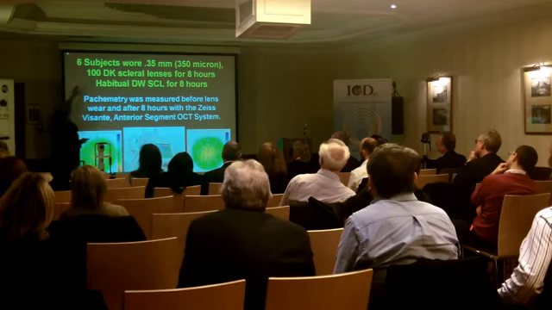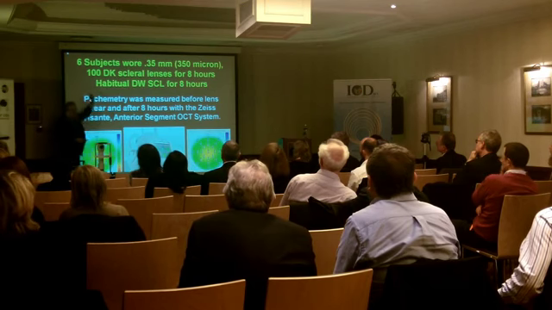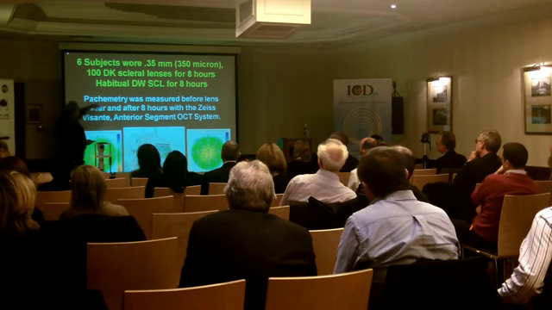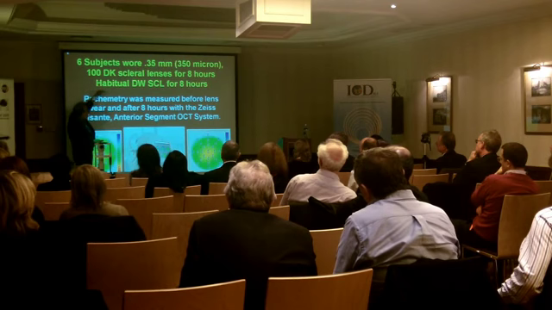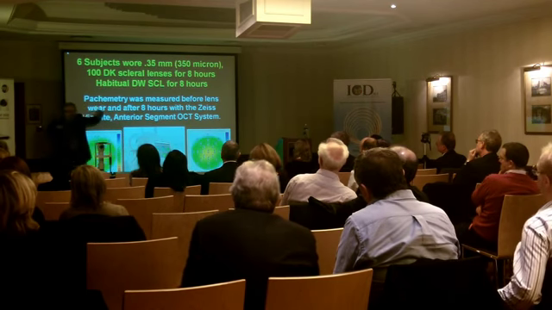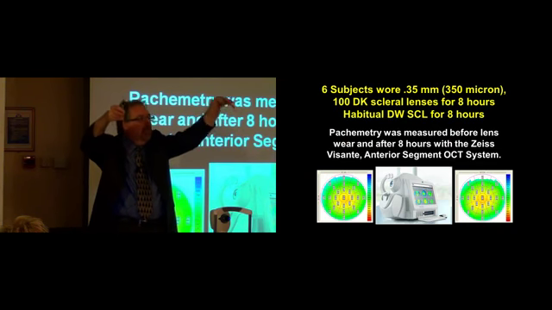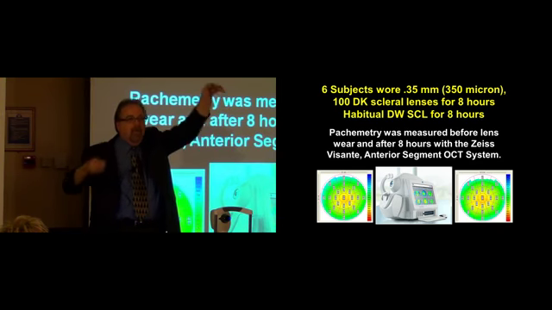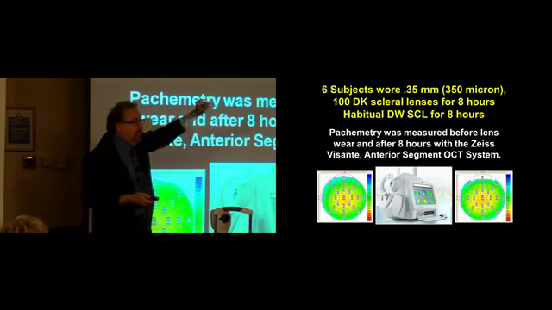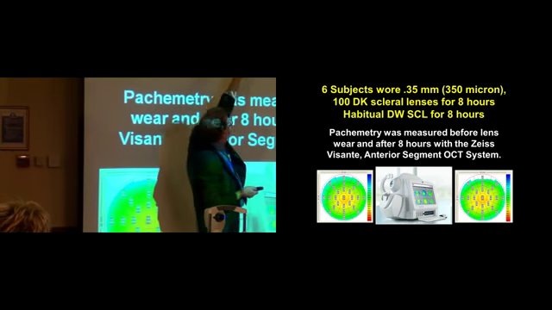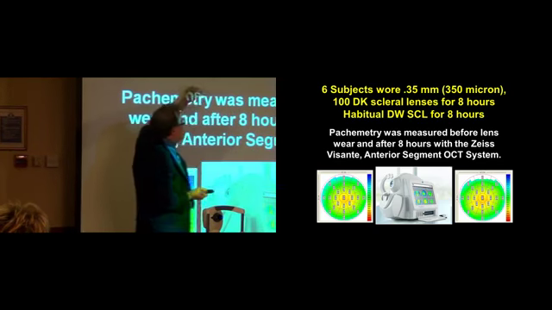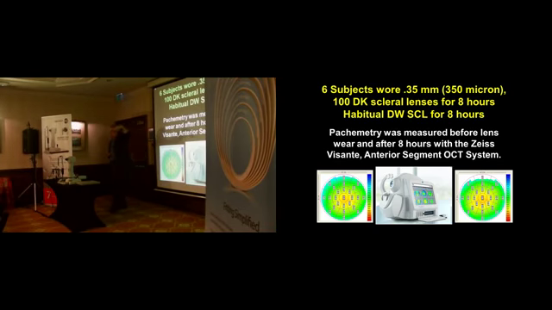Well, we did it on these 6 subjects with an ICD lens and with a 100 DK soft contact lens. So we had 2 materials, both of them with a published 100 DK. One was a 350 micron thick scleral, and the other was a silicone hydrogel soft lens.